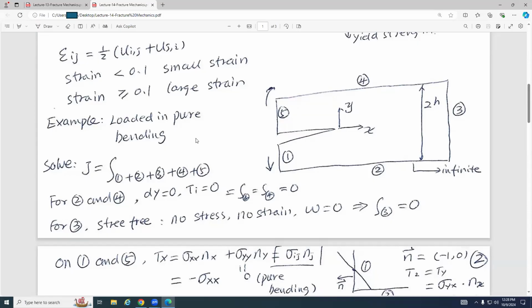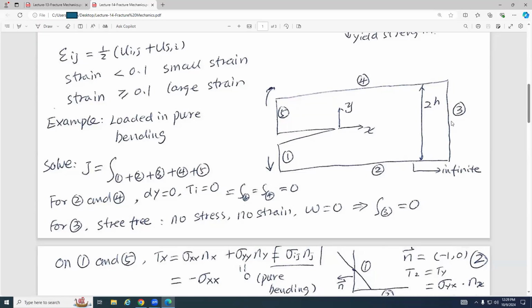Do you guys agree? Okay, so we also select this rectangular shape, with segments 1, 2, 3, 4, 5. For J, I just skip all this integrand. For segments 2 and 4, dy equals 0, right? And because this is pure bending, Ti equals 0, traction free. So as a result, the integrals on 2 and 4 equal 0.